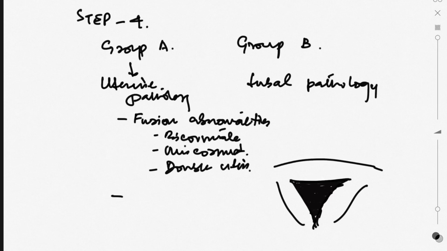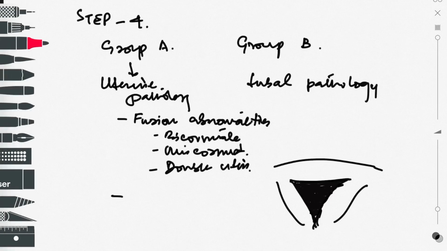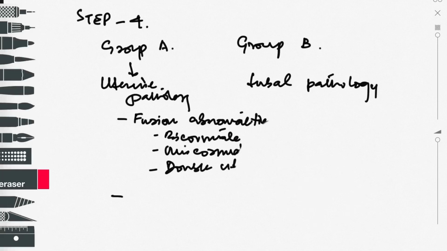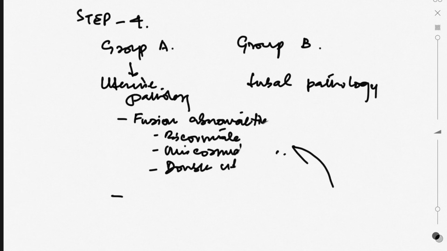But if there is some abnormality, it will appear on X-ray like this. Number 1 is unicornuate. One half of the uterus is present, the right side. For example, this is unicornuate.